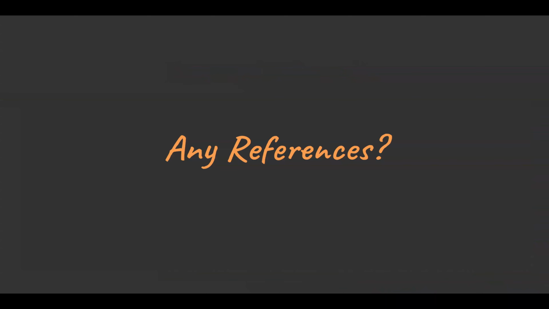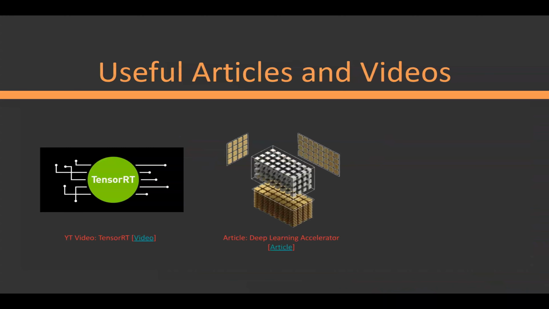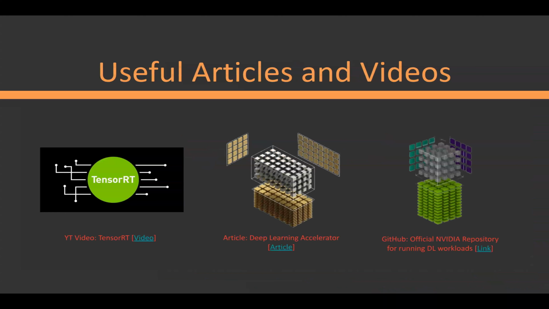So are there any references for how you can use DLA cores? Well, sure. We have all the required links for you. You can go check out the TensorRT video to know a bit more on how TensorRT and DLA are packed together, and how TensorRT makes things easier for you while using DLA cores.